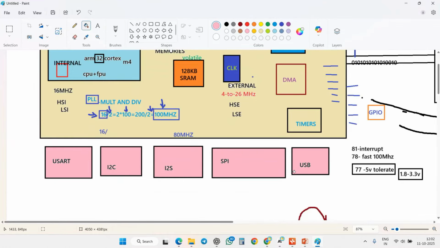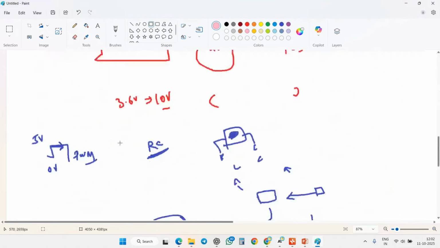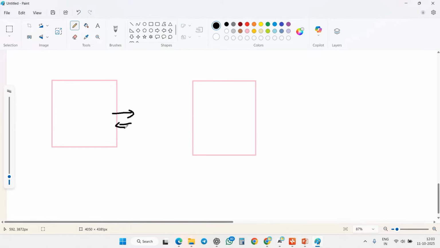What is a communication protocol? A communication protocol is for communicating with external devices. If I'm having this device and these two devices are communicating, simply sending and receiving the data is called communication.